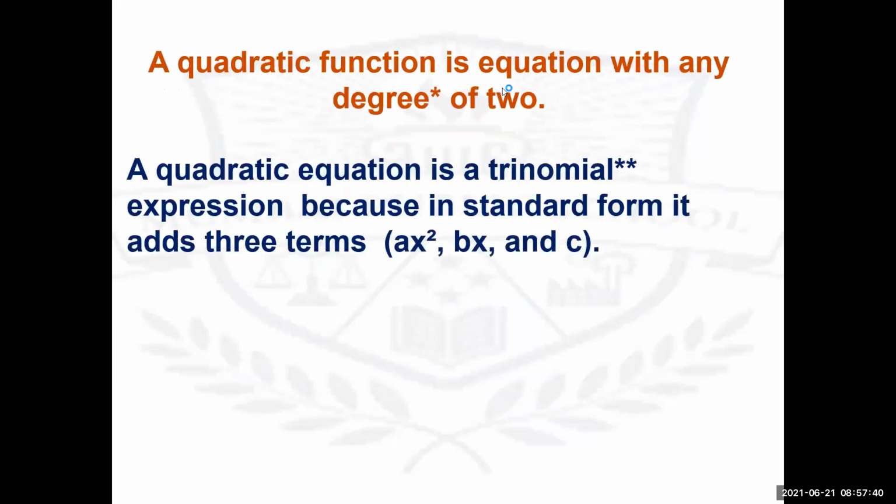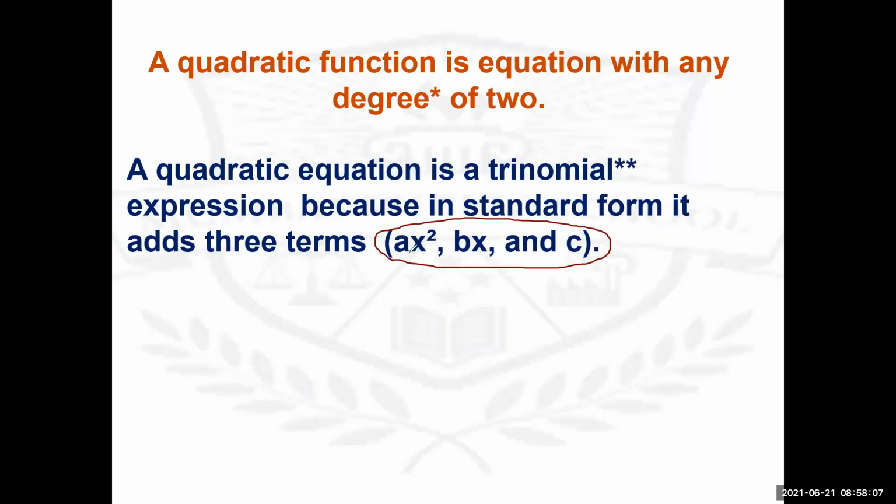A quadratic function is an equation with a degree of 2. A quadratic equation is a trinomial expression because in the standard form it adds up to 3 terms. Now check, this is the standard form: you write it as ax² + bx + c.